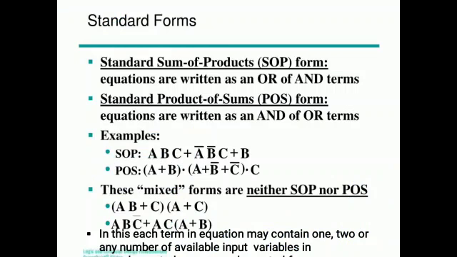The expressions which we had seen just now are represented in SOP and POS form. These are all called standard representation, or standard SOP form or standard POS form. In standard SOP form, the equations are written as an OR of AND terms.